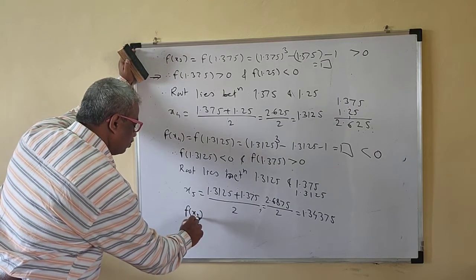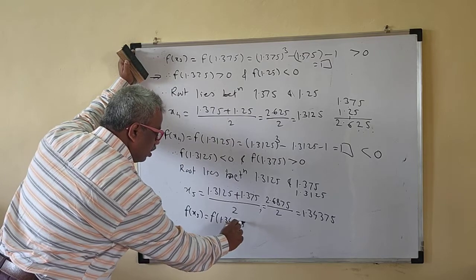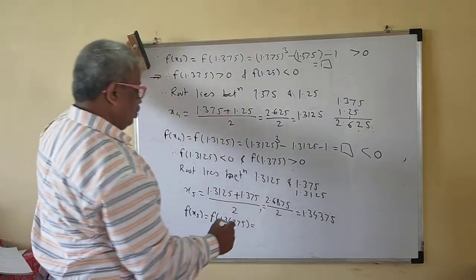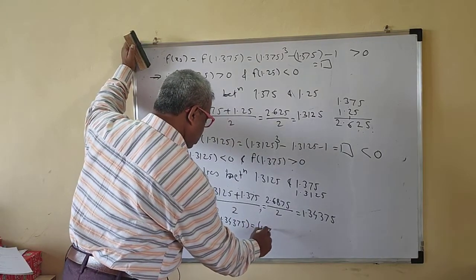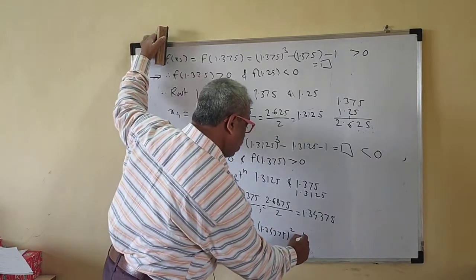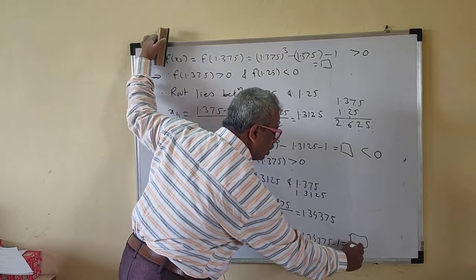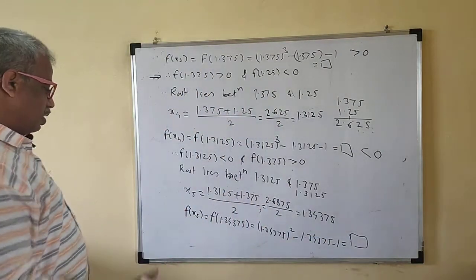f of x5 is equal to f of 1.34375, which is 1.34375 cube minus 1.34375 minus 1. Find the value of this one by using the calculator.